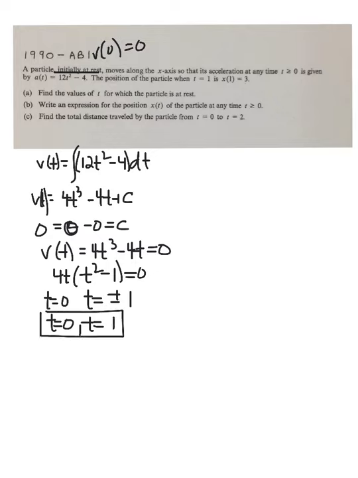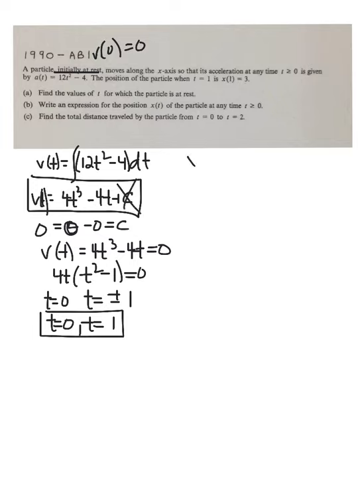All right, part B wants you to write an expression for the position. So we're going to do what we just did, but now integrate the velocity equation, which, remember, c will be 0, so that won't be there.